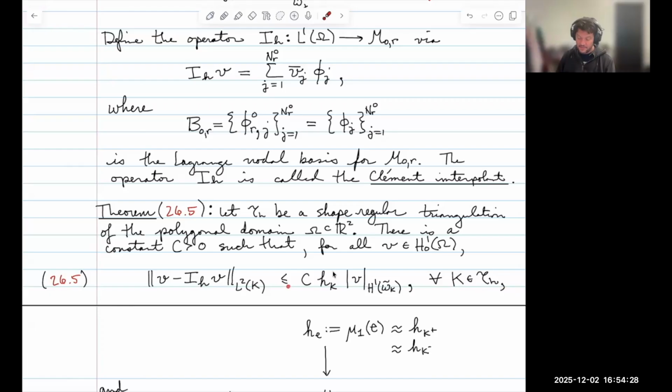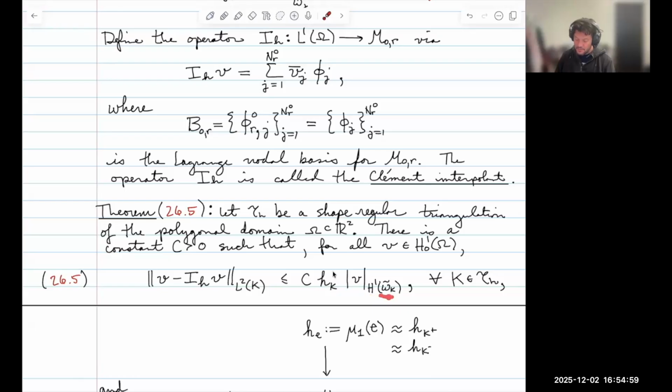That's less than a constant times h_K, the size of the triangle K. You can either call it the diameter of the triangle, or just let it be the size of the largest edge, times the H1 seminorm of v.